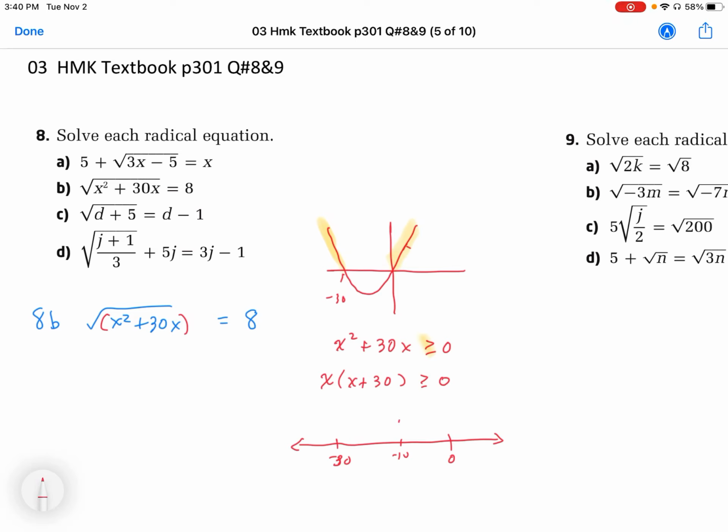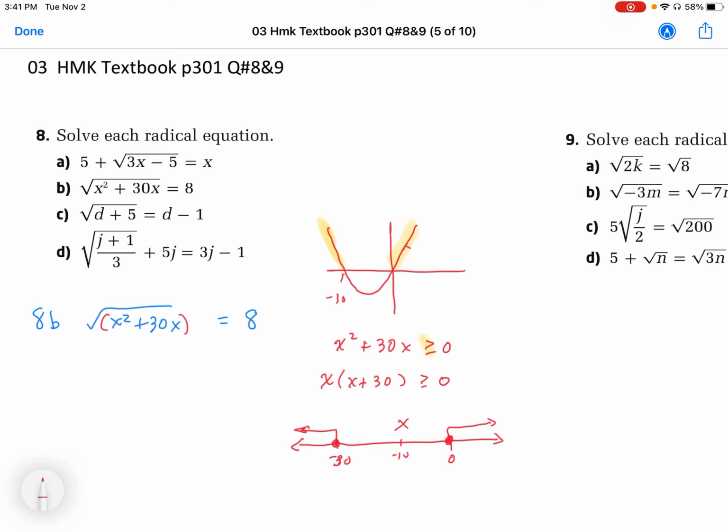Well, that is not greater than 0, so I know that that can't be true. And so I know that on the other side of the boundary, it must be true. So these parts here, which matches the graph above, are going to be my bigger than 0 inequality, which I need to make sure the square root is positive.